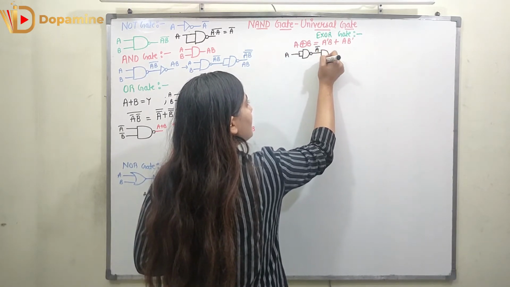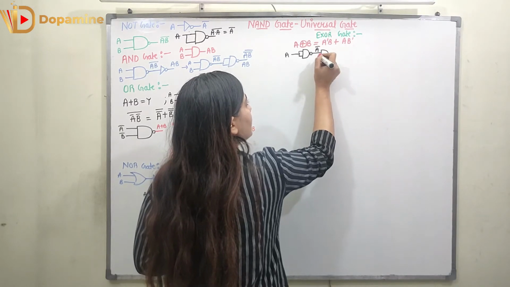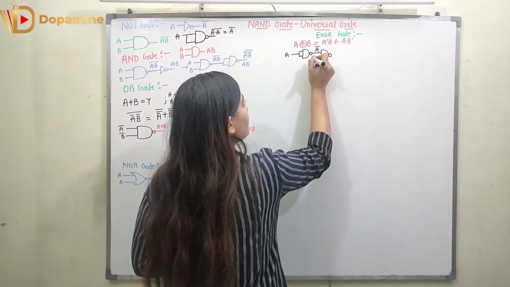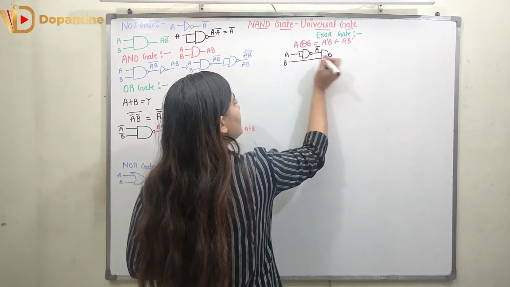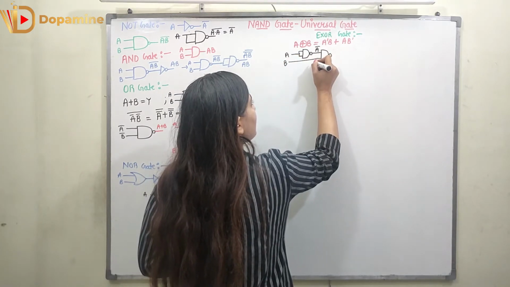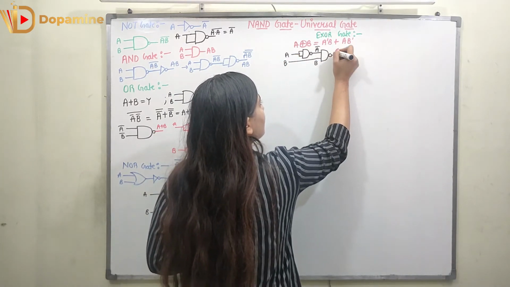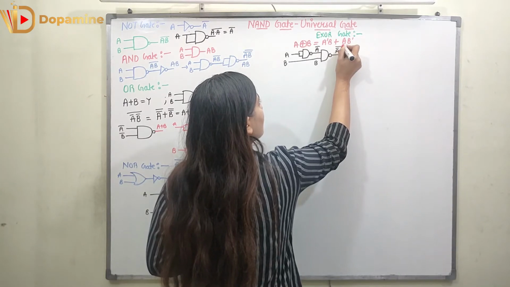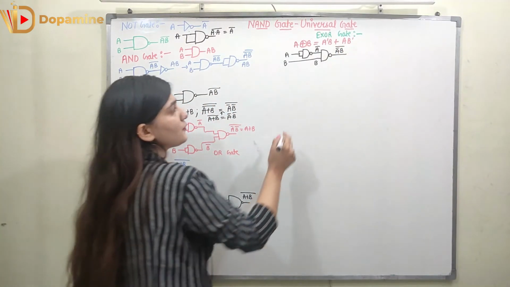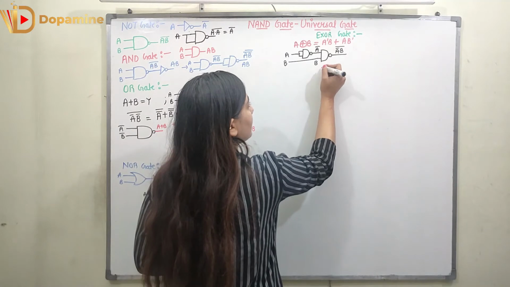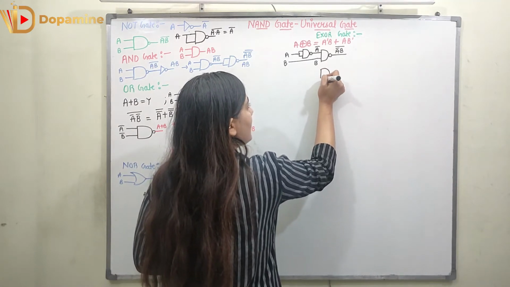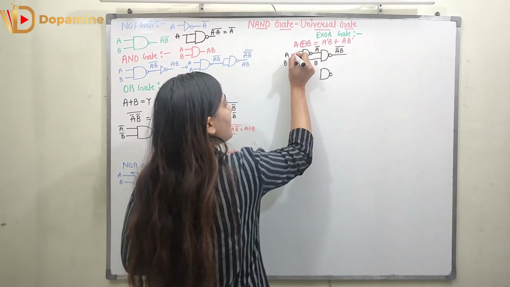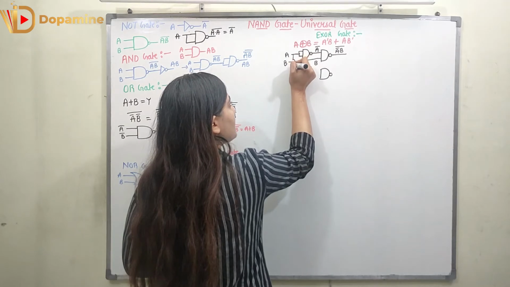Right? Now here again I am going to use a NAND gate. Right? So here I will take the input from B. So here I will get A bar into B, A bar B whole bar. Right? So now again I am going to take a NAND gate. And here I am going to take A B bar.